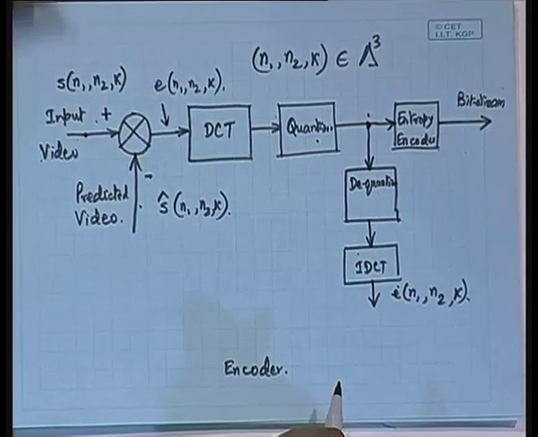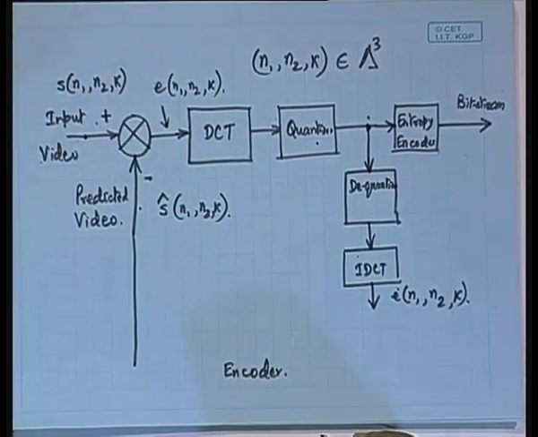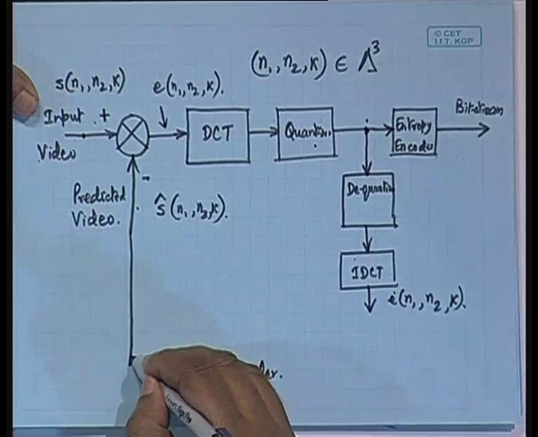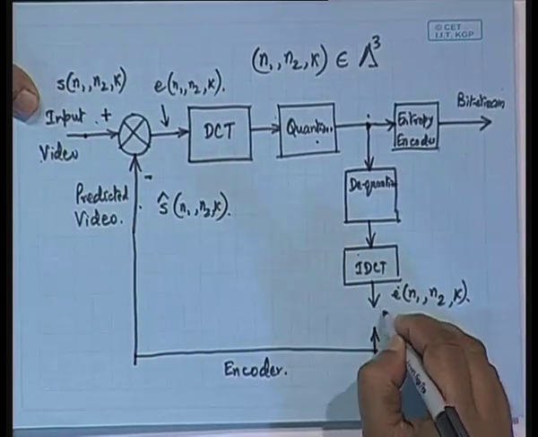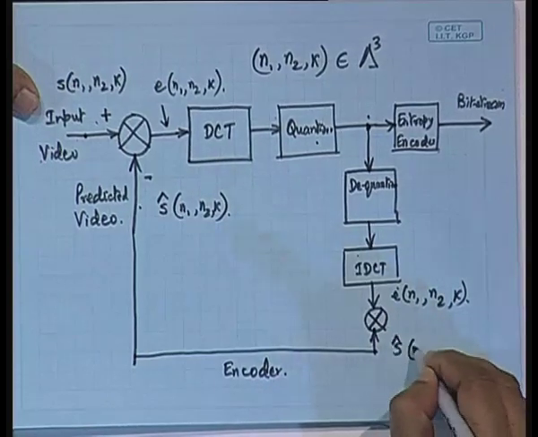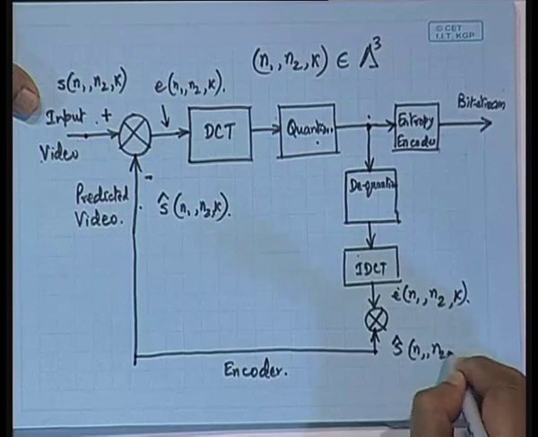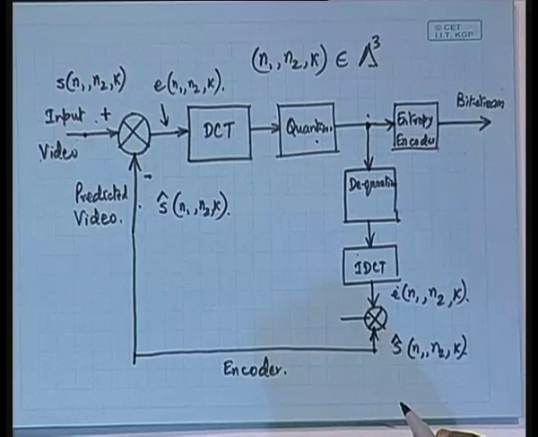Now, if I have a predicted video, I still do not know how I have generated the predicted video, but if I have it, then what I should do is add it up with this, S cap n1 n2 k, and what do we obtain?